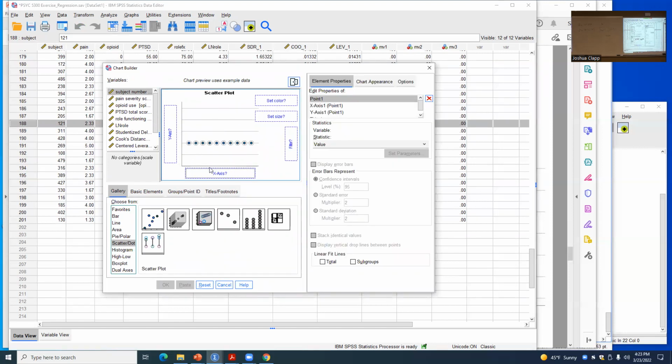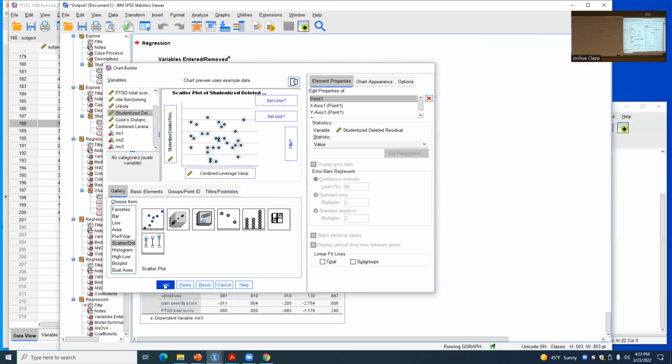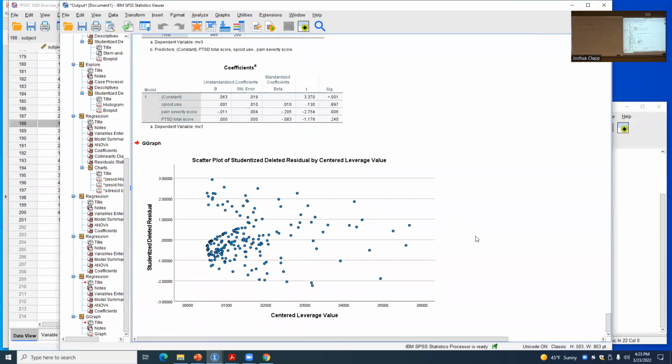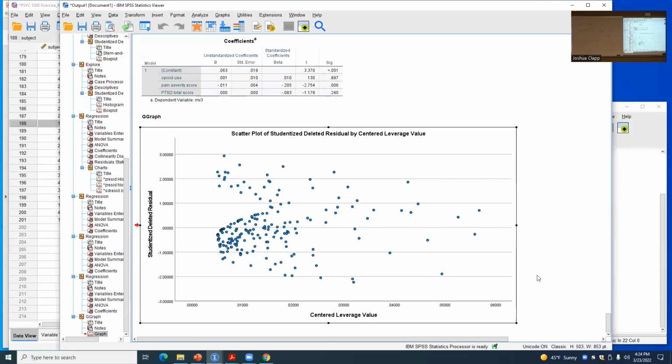And then what I want is my centered leverage values on my X and my studentized deleted residuals on my Y. If I hit OK, this gives me my plot here. Now with this, do we have anything that's a huge concern, or things that are coming up as really, really egregious?